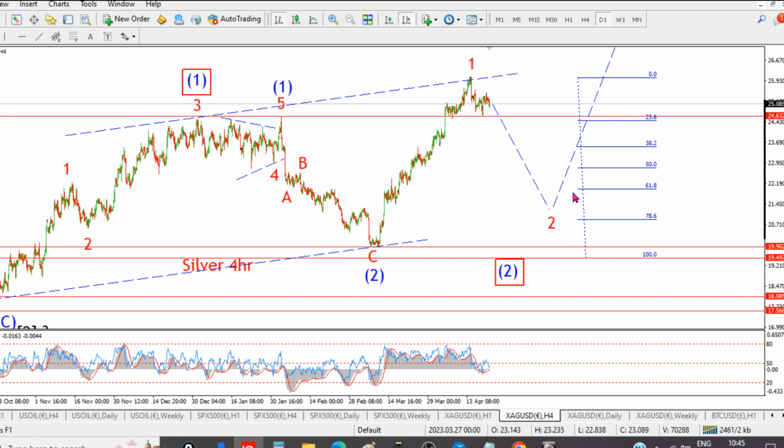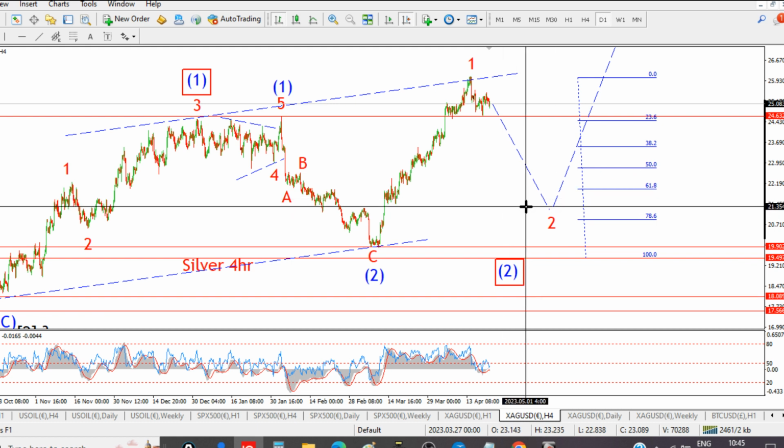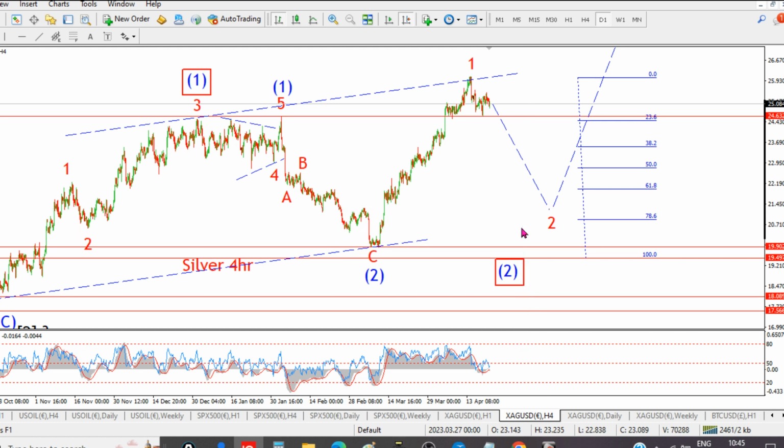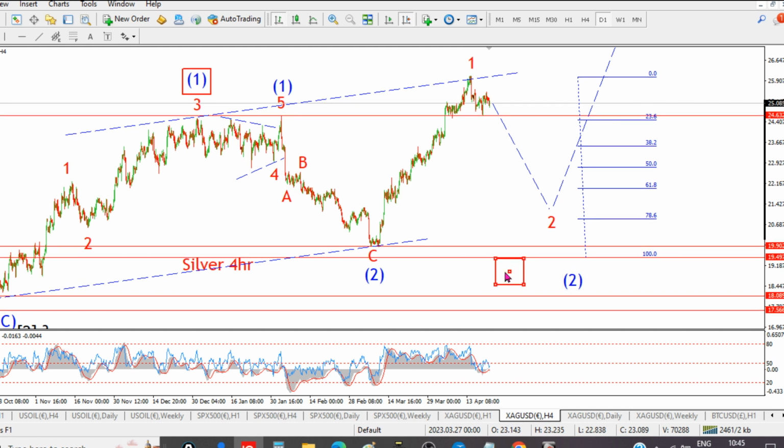Still looking towards the low 21s, maybe even a bit lower than that. Initially, if the alternate count is correct, then we get lower than that again. We break probably 19. And if the third alternate is correct, if this is actually only 3 waves up to form this new high, then we're going to blow out to the downside again completely.